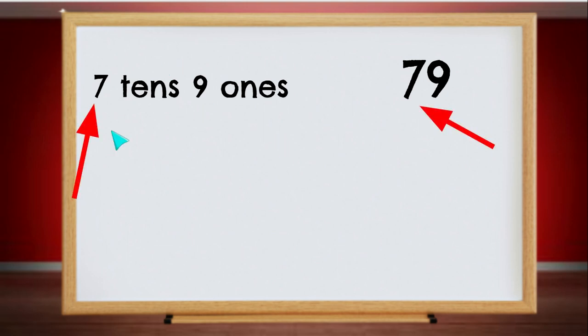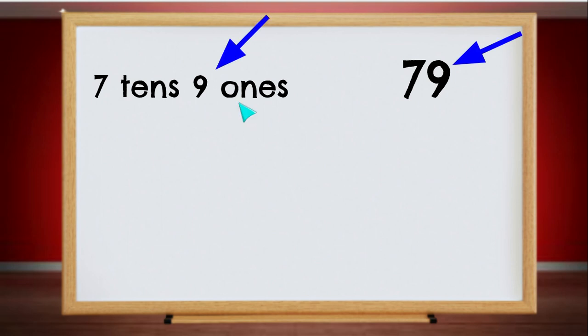And in this group of numbers, we have 7 tens. And in this one, we have 7 tens as well. So now 7 and 7 are the same, but we want to double check our ones digit. So we're going to check our ones digit to see which one is greater than or less than.